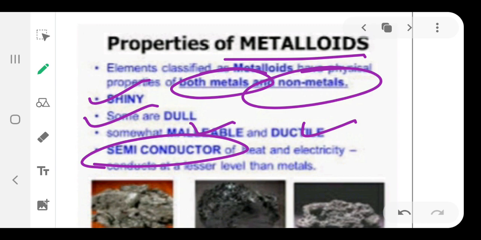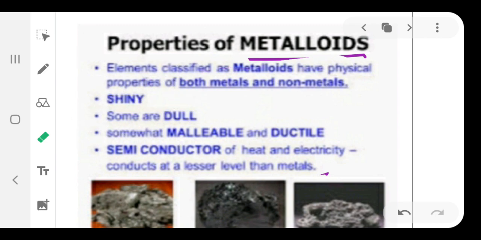That means they conduct heat and electricity at a lesser level than metals. We will read about semiconductors again in physics. For the time being, you should know these three parts, that metalloids show the features and properties of both metals and non-metals.